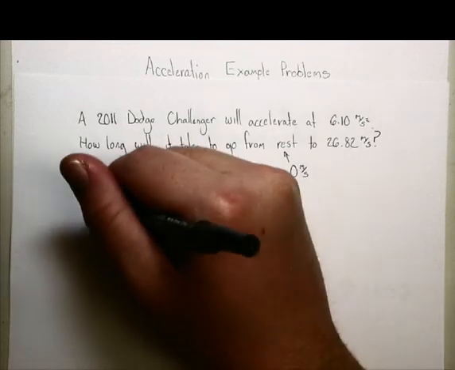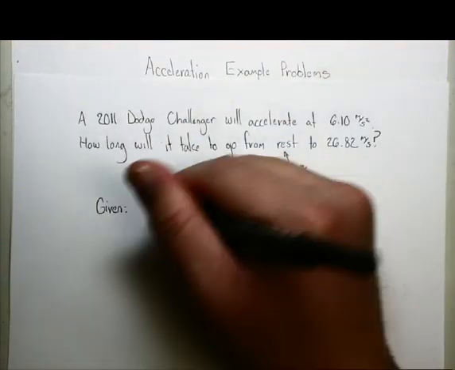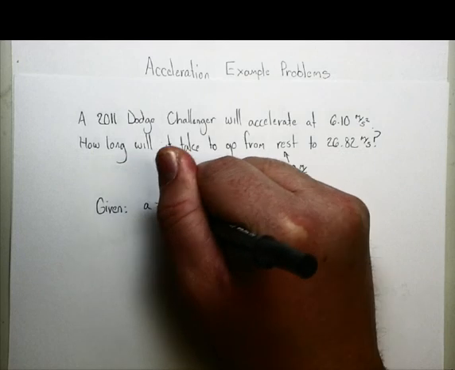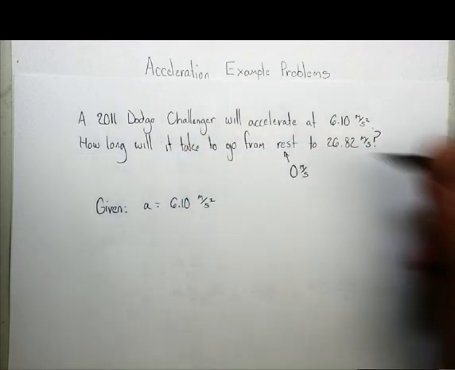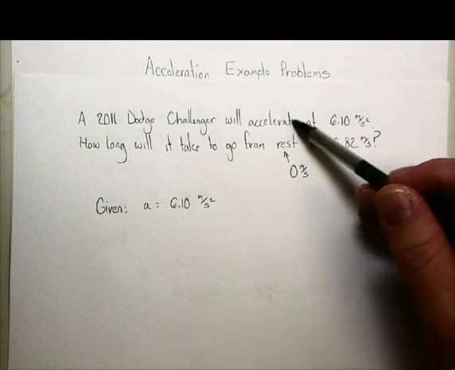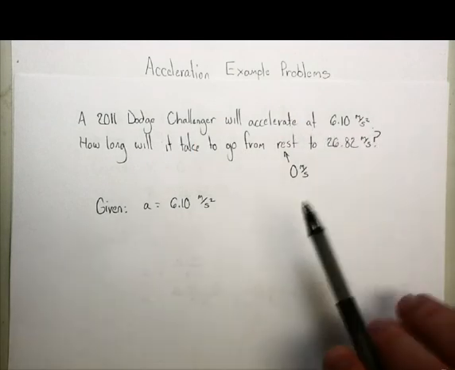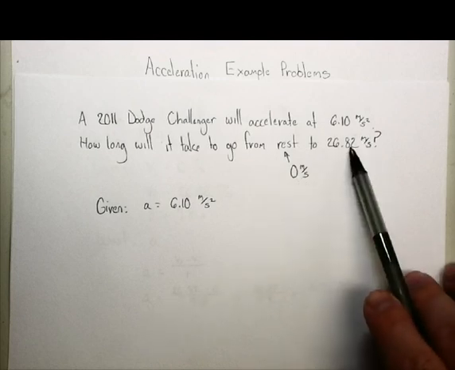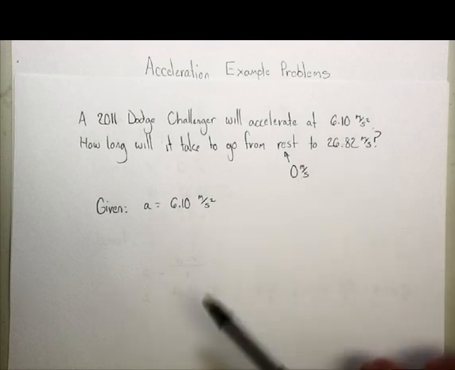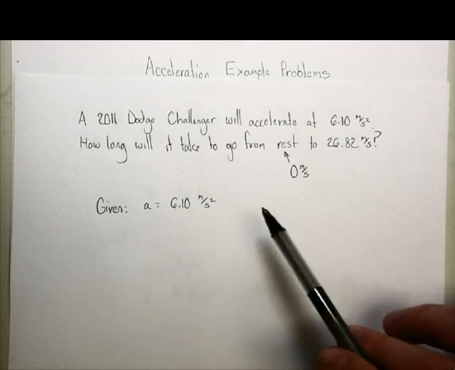All right, we're going to set this up just like we did the other one. What are we given? What do we want? We're given an acceleration of 6.10 meters per second squared. We know it's an acceleration because of the units and because it told us. So we have multiple hints there. And now let's take a look at these speeds. 0 meters per second, 26.82 meters per second. We have to think about which one we're starting at. How long will it take to go from rest?